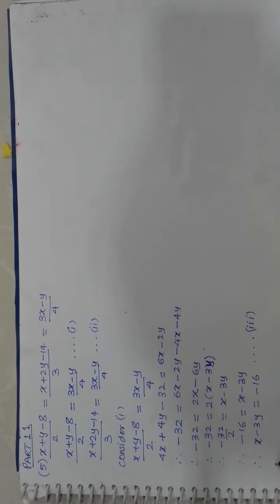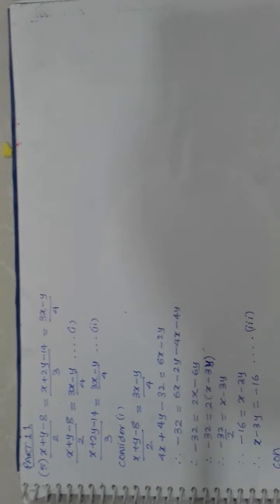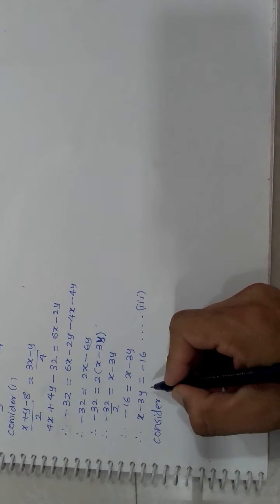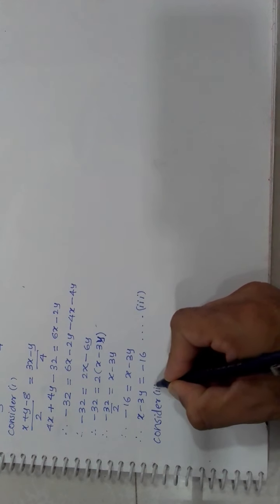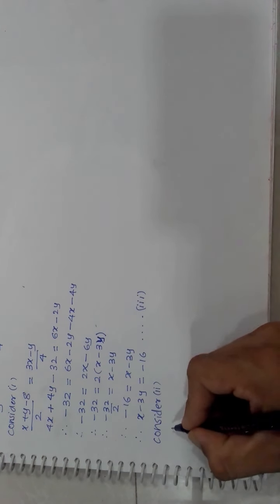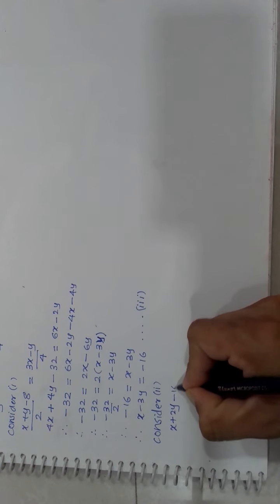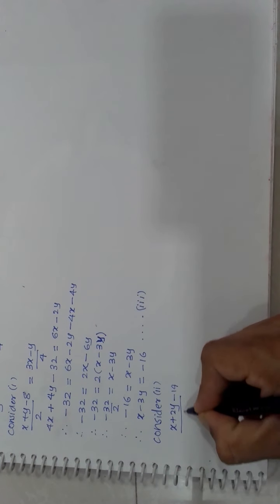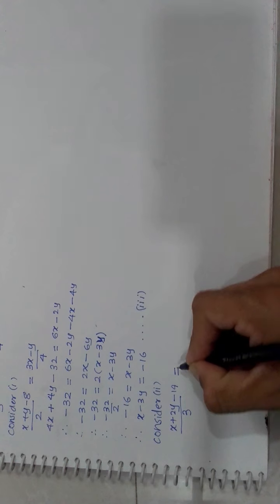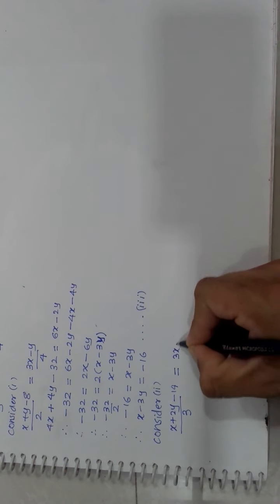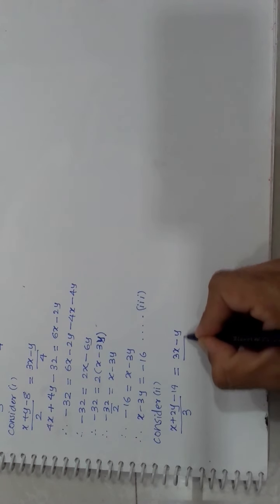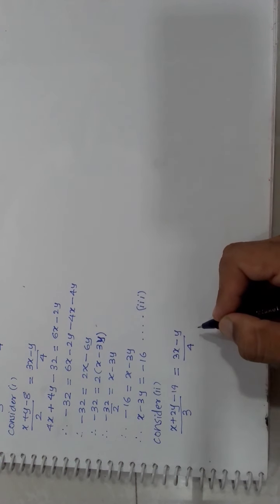Now I will consider the second one. So you write here x plus 2y minus 14 upon 3 is equal to 3x minus y upon 4. This is your second one.